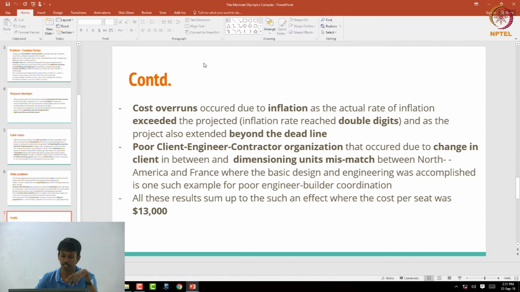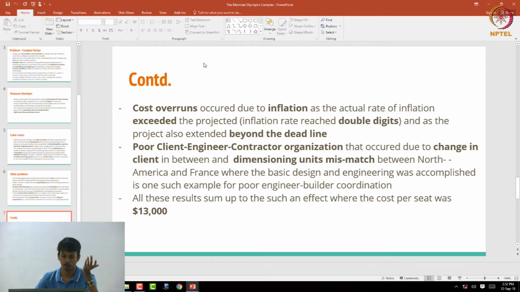There was a change in client in between. The project was handed over to another authority, which led to poor relations between them, and the design process was carried out by a French design and engineering firm. There was a mismatch between dimensioning units, so they had to convert the dimensions.